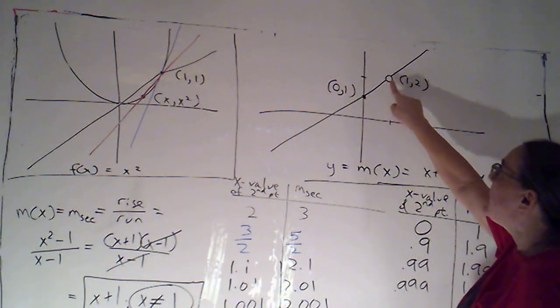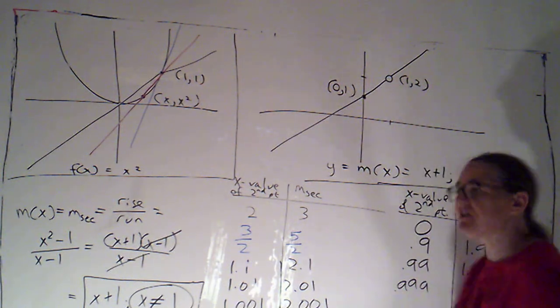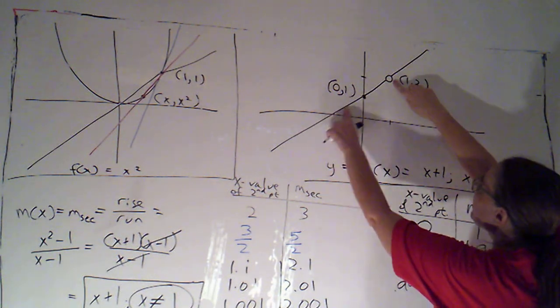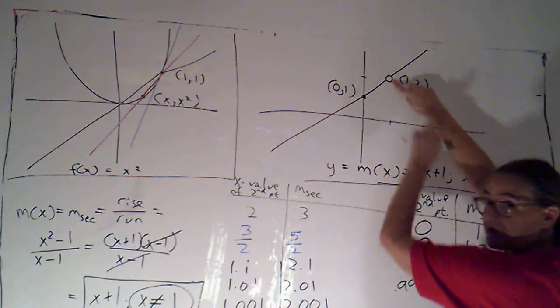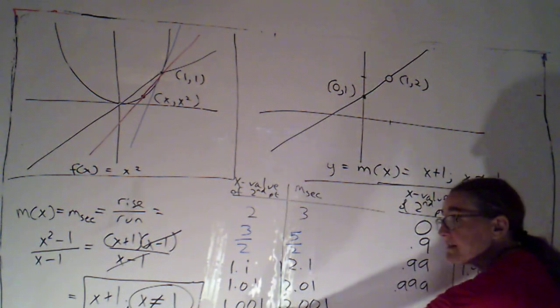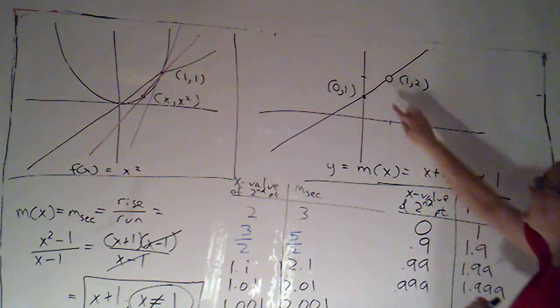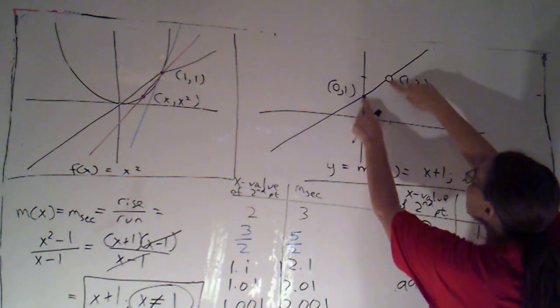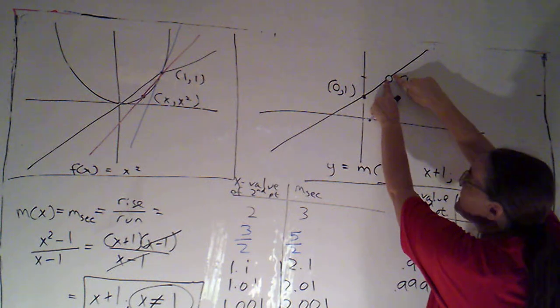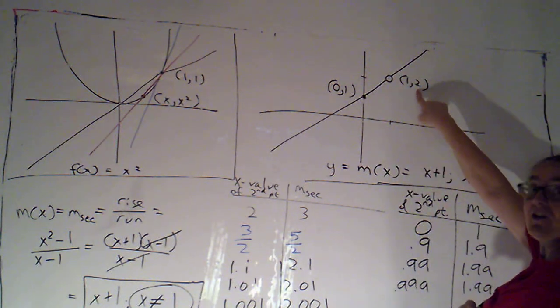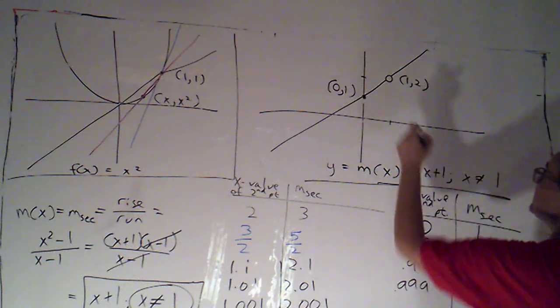Now if I look here, that is not a point. That is a hole. But I know the exact location of the hole. So I'm able to say, hey, look, as x gets arbitrarily close to 1, now I no longer have to stop when I get to be within 1 1,000. I can get arbitrarily close to 1. As x gets arbitrarily close to 1, coming in from either direction, the m of x values are getting arbitrarily close to 2.